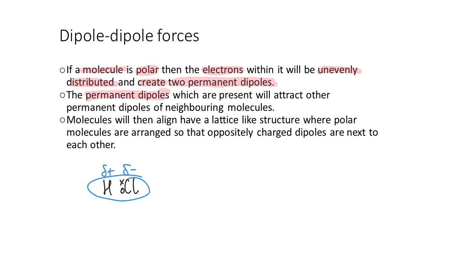The permanent dipoles which are present will attract each other, the permanent dipoles of neighboring molecules. The idea is that if you get two molecules next to each other, they will align themselves so that this will be the positive side and this will be the negative side, and there'll be an attraction between those two.